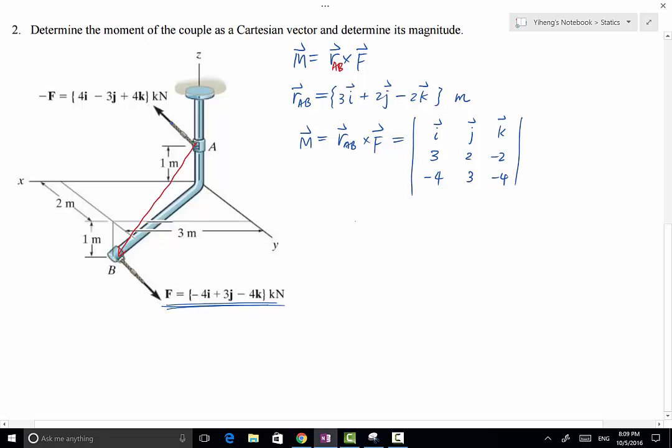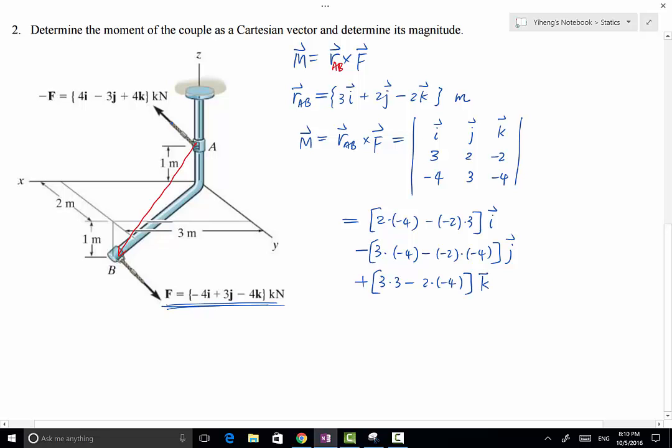And then we have 2 times negative 4 minus negative 2 times 3, i, minus 3 times negative 4 minus negative 2 times negative 4, j, switch back to positive, 3 times 3 minus 2 times negative 4, k.